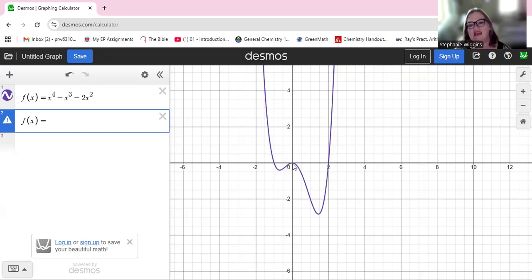In other words, the sign of the function does not change. Every time you cross the x-axis, you're going from positive to negative, so your sign has changed, or you're going from negative to positive, and again, your sign has changed. But when you're below here and you hit the x-axis and then stay below, your sign hasn't changed. You go from negative to negative.